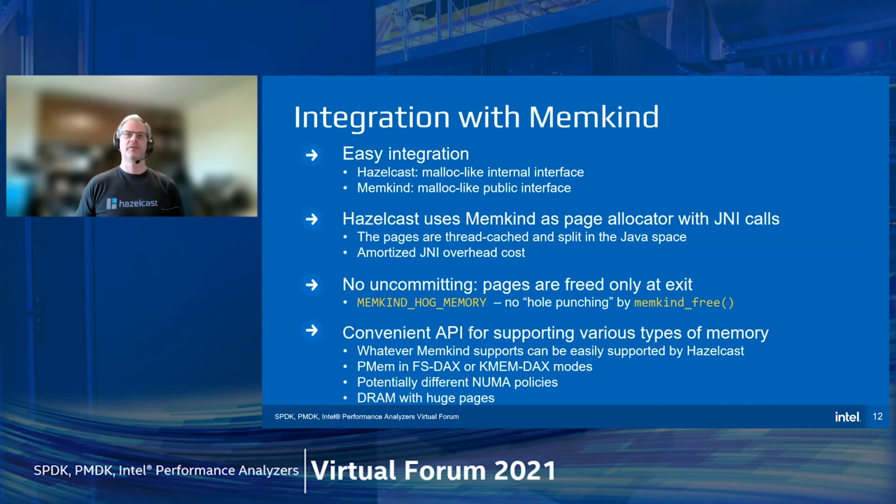And apart from the persistent memory support, Hazelcast can optionally support every memory kind that Memkind supports, like huge pages, or can support other kinds with different NUMA policies. This is an option for the future.